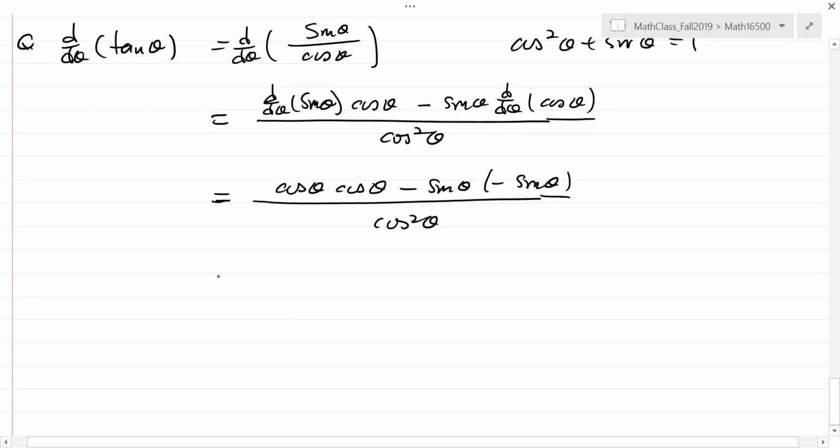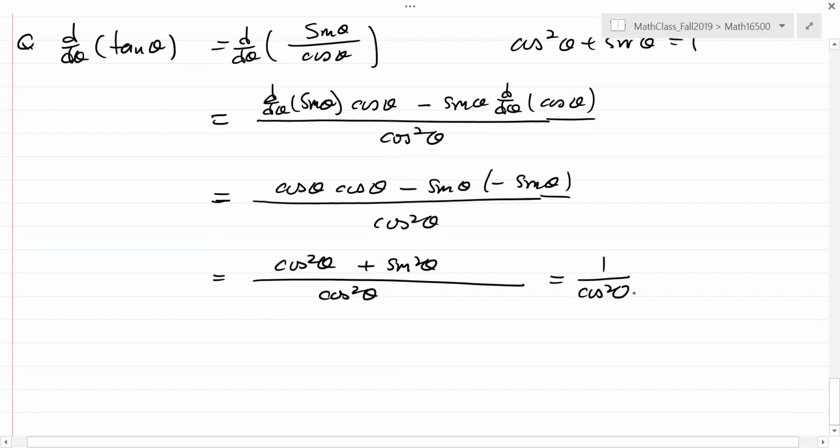All right, so let's simplify it. The cosine square theta plus sine square theta is 1. So it's 1 over cosine square theta. Now you don't need to name a new function. Maybe on some planet over there, where they could still be called human beings, they have some math book, but you don't see secant x or cosecant x because it's not necessary.